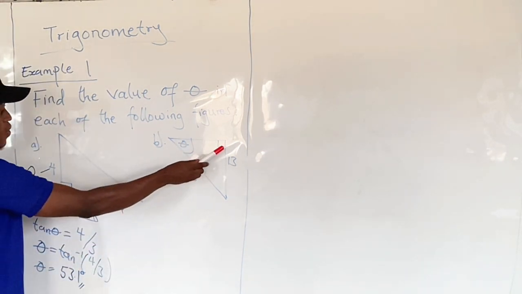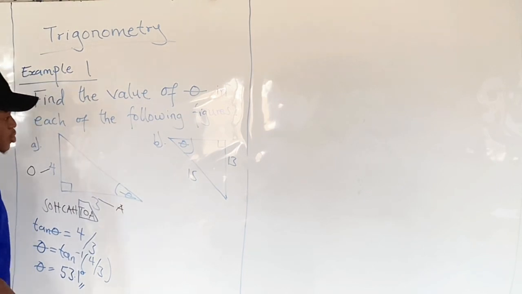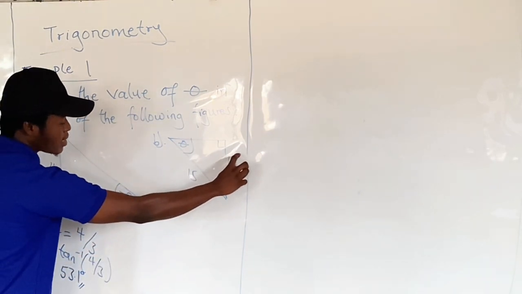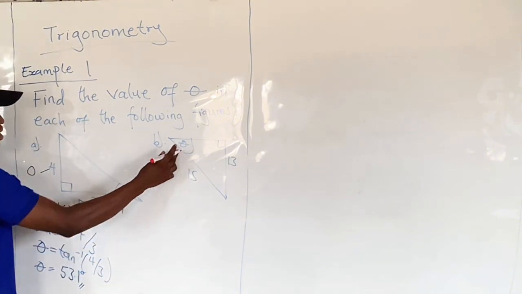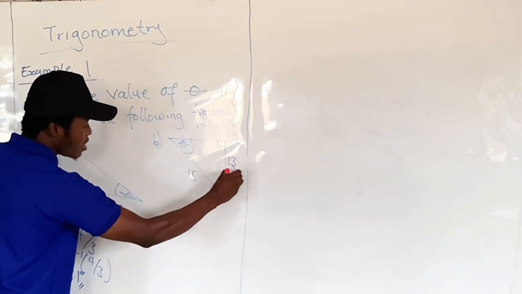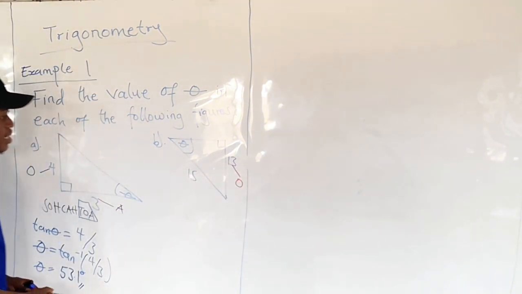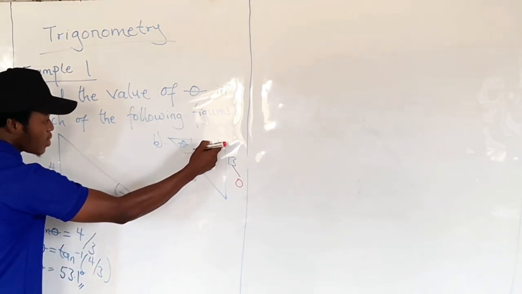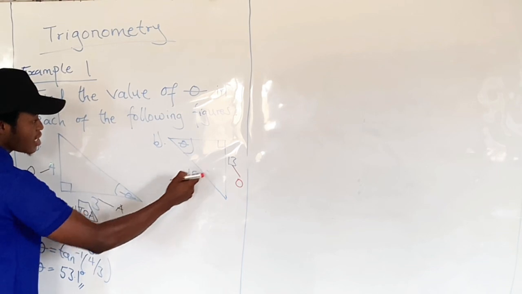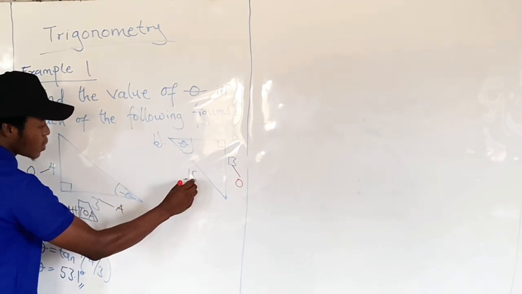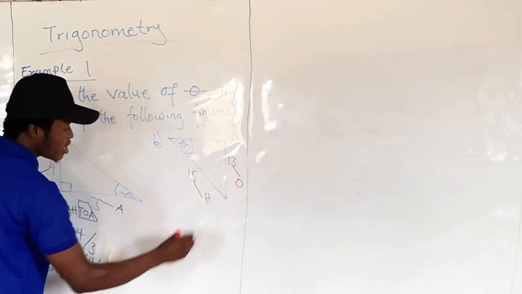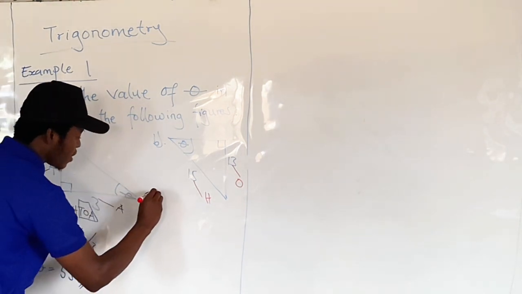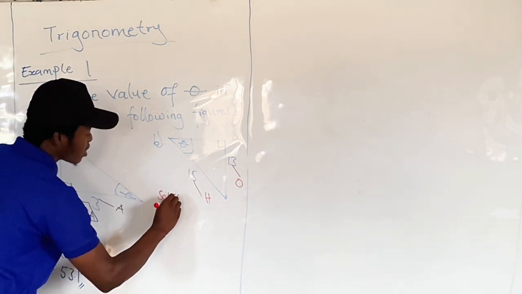In the second diagram, theta is in the top left corner, and this is the right angle. Because theta is in the top left corner, the side opposite to theta, 13, now becomes our opposite side. And the side opposite to the right angle is the hypotenuse. The hypotenuse is always the side opposite to the right angle. So 15 is the hypotenuse, H. Please pay attention here.